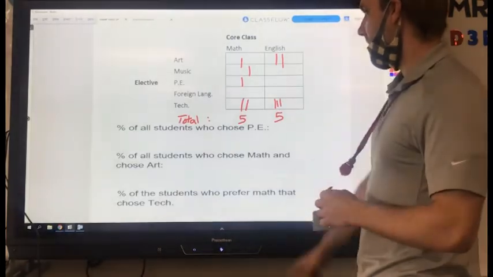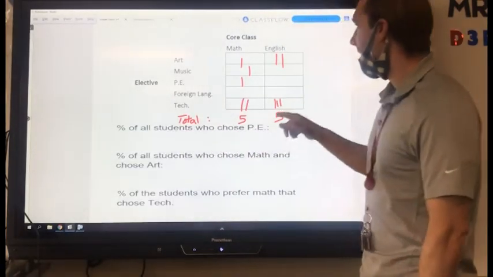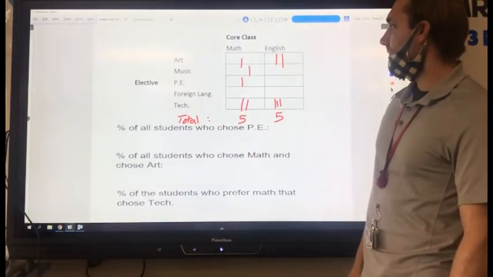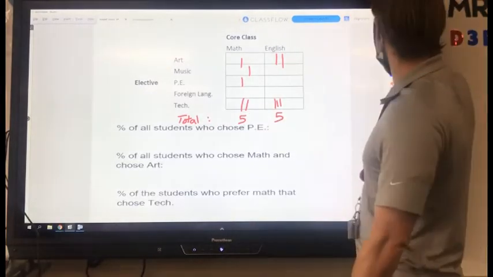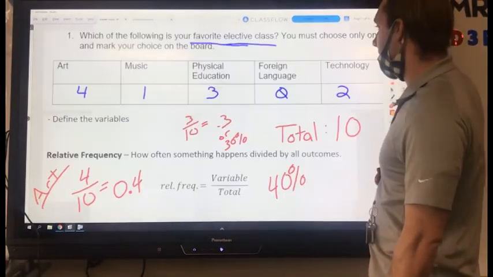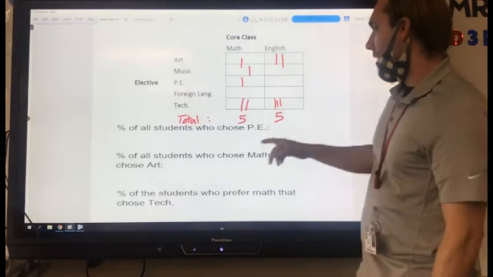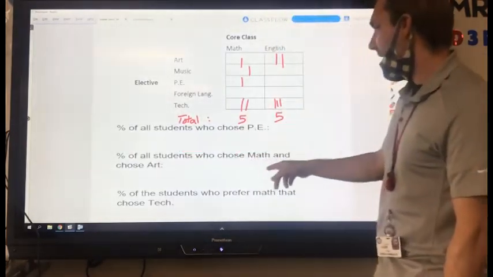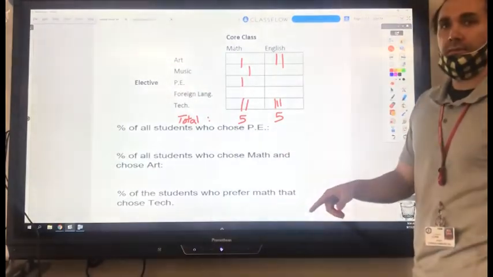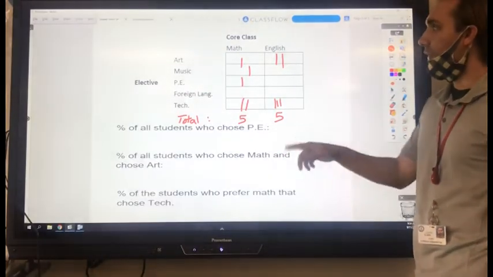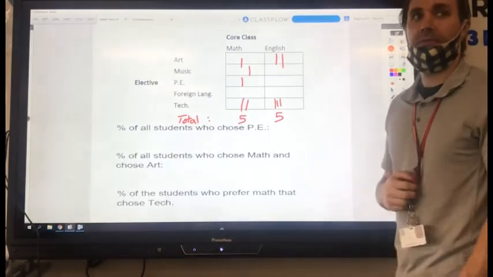So, what percentage of all students choose PE? Well, we kind of found that out in the previous slide, right? Let's go back. PE was what percent? 30%. What percentage of students choose math and choose art? So which percentage of students choose both?